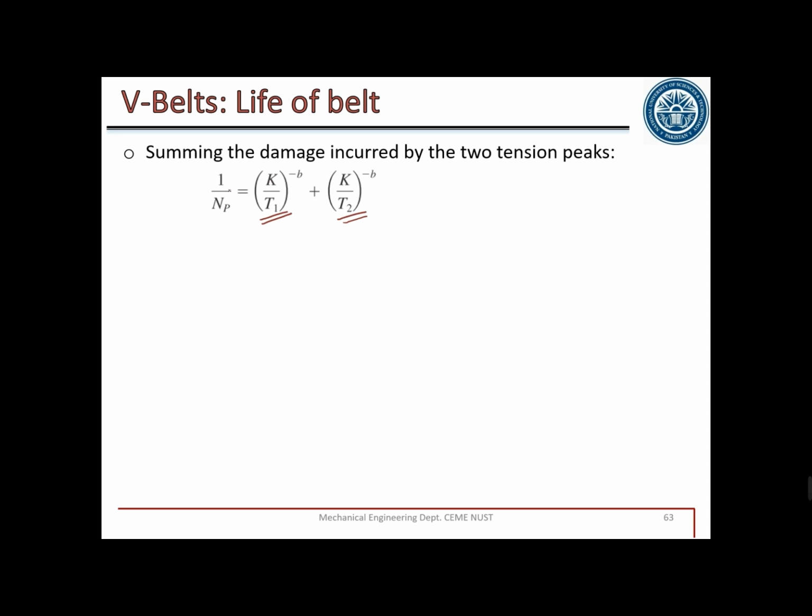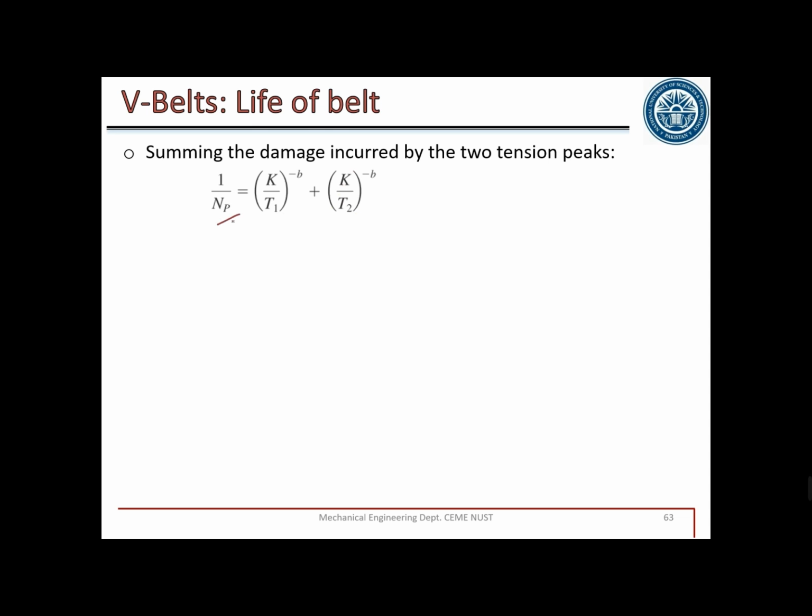If K has an effect of 1, this whole equation gives a value of 1, and this gives a value 0, so the number of passes will be 1. And if we assume that there is another peak, it also gives a value 1, so the number of passes will be half, let's say half million, 1 million. So that's how we add the effect of bending. If the bending is twice, its effect is added twice to the number of passes.